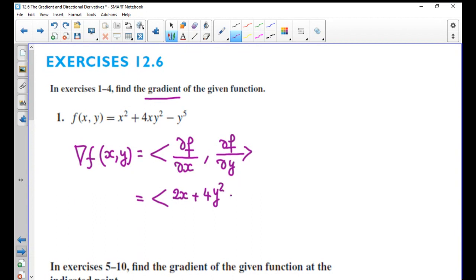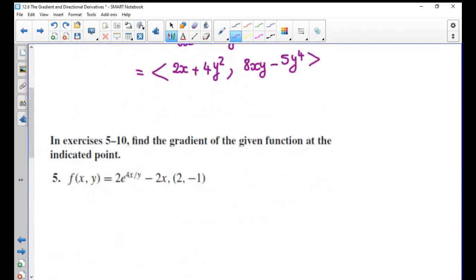And then df over dy is 8xy minus 5y to the power of 4. So this is the gradient of this function at any point xy. If I want it at a particular point, you just substitute, and that's it.